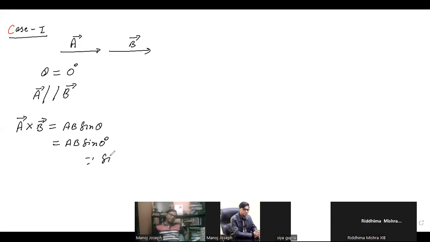Because the value of sine 0 is 0, the cross product of A and B will be AB into 0, so it will be 0.